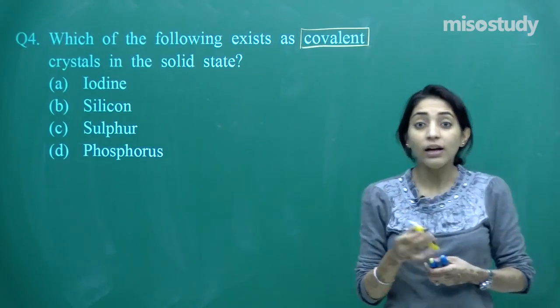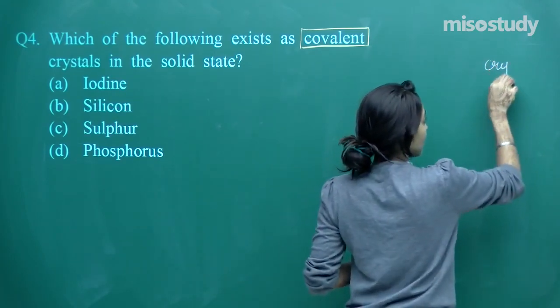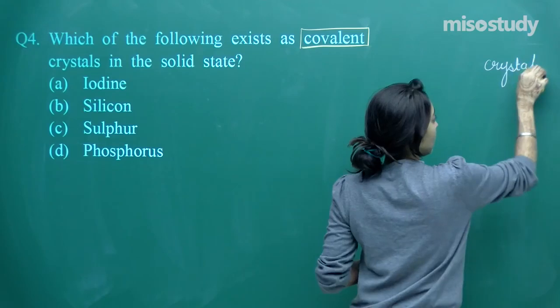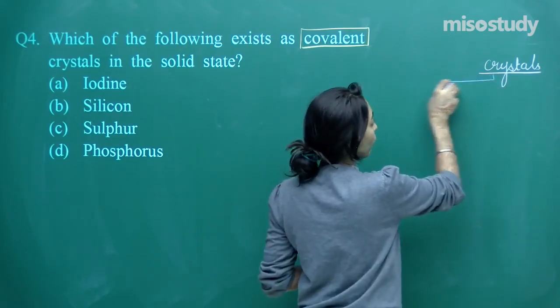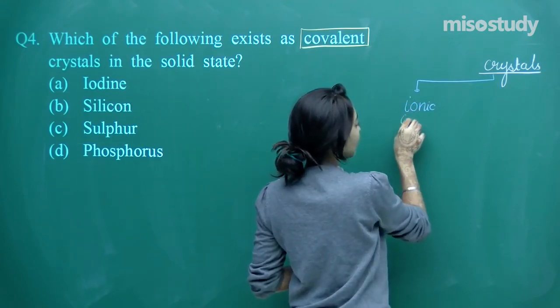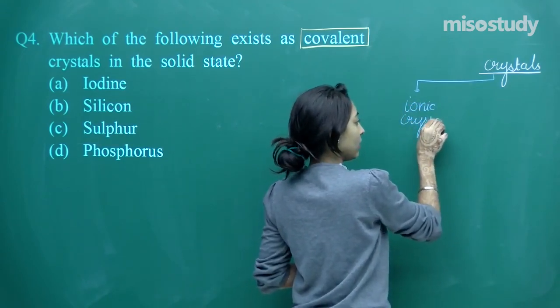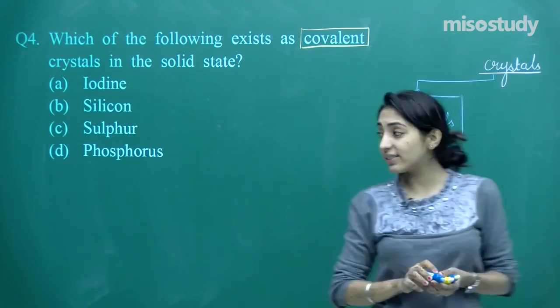Guys, you remember we have done that crystalline solids were divided into 4 different categories, and the very first was ionic crystals, which were made up of ions. Do we have any ionic crystal in the examples?